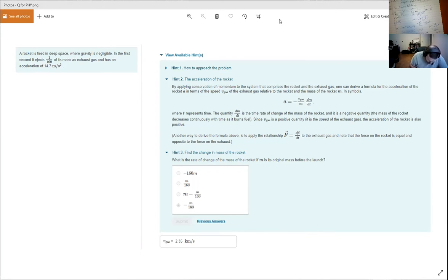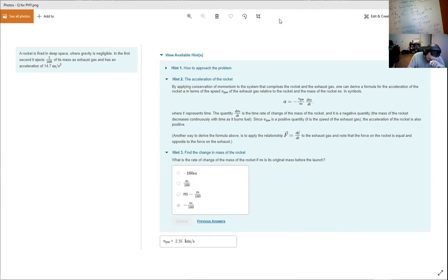So we're going to determine the change in mass over the change in time as 1 over 160 the mass of the rocket, because it lost a 160th of the mass of the rocket, divided by the change in time, which was 1 second, because it was a 1 second burn.